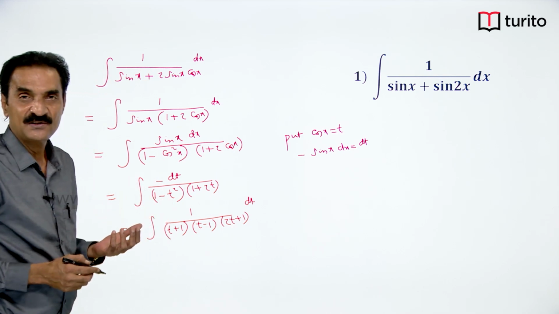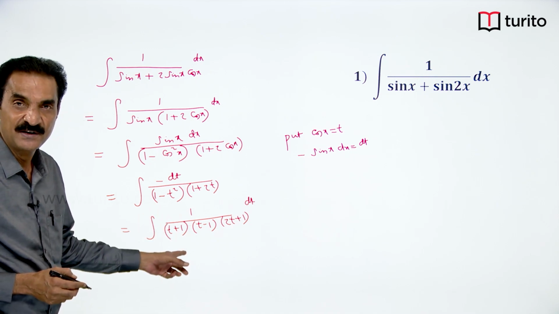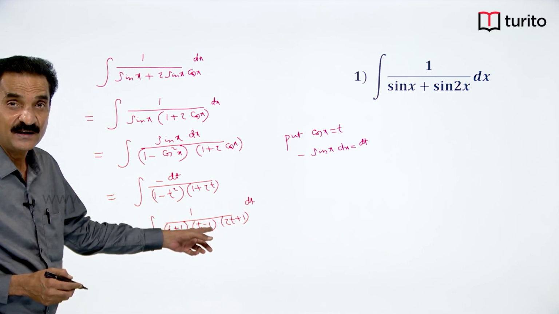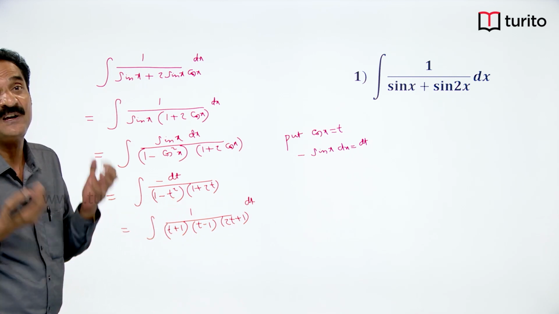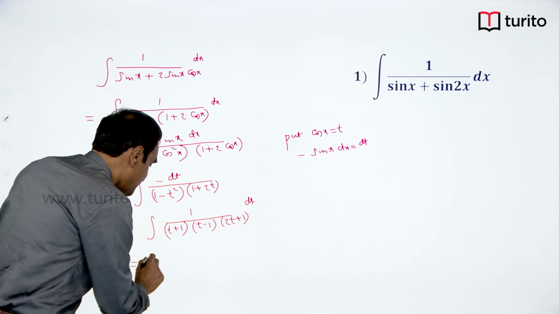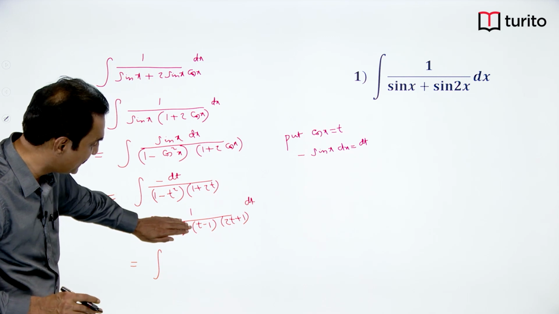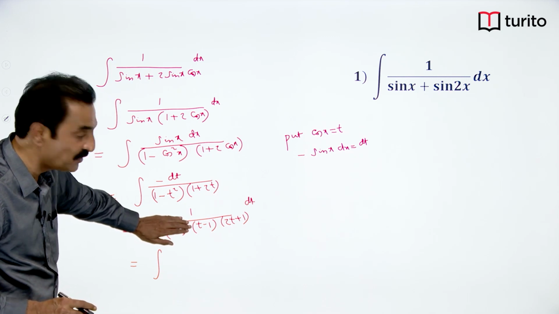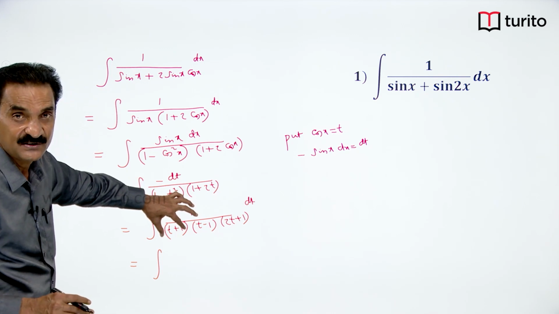How to resolve into partial fractions? We have to take the fractions as a by t plus 1 plus b by t minus 1 plus c by 2t plus 1, and already I have explained how to find a, b, c quickly. You will get a by t plus 1. If you want a, you cover t plus 1 and put t is equal to minus 1, because this factor is becoming 0 for t is equal to minus 1.